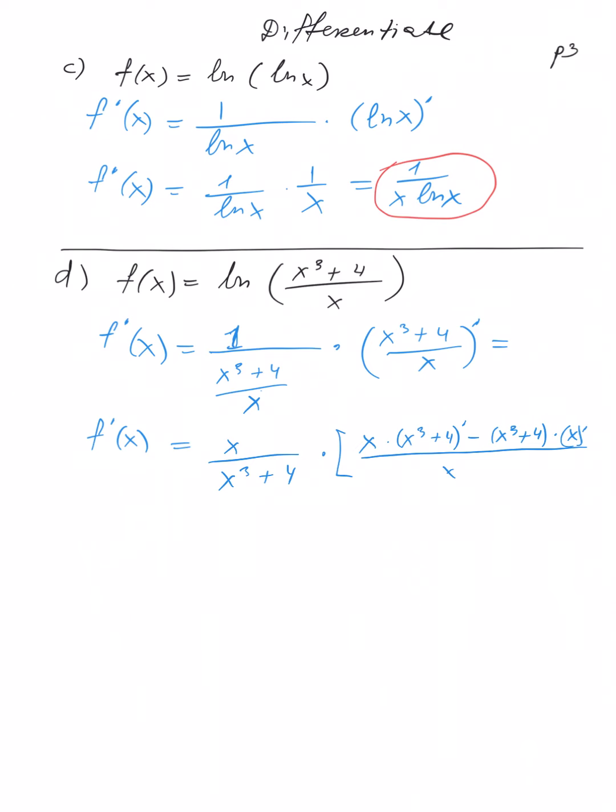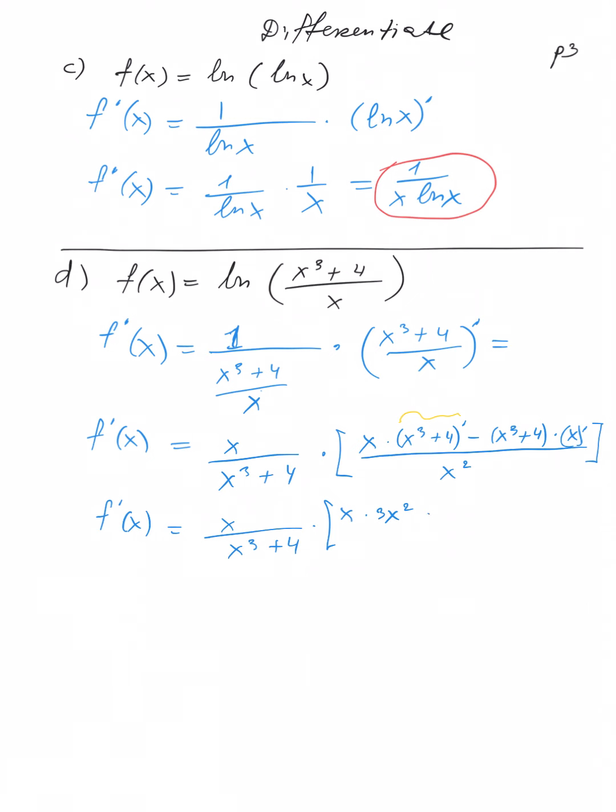The denominator is x squared. Taking one step at a time, I have x over x cubed plus 4 times, again, x times the derivative, which gives me 3x squared plus 0 for the 4. So that term is gone.